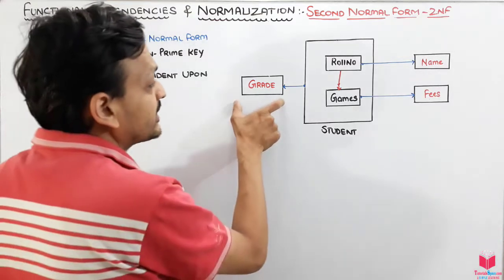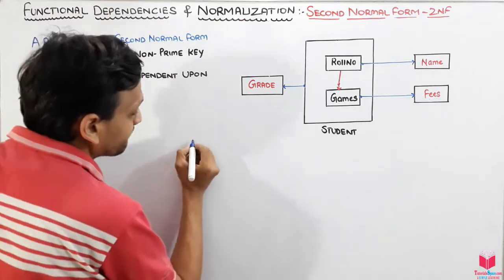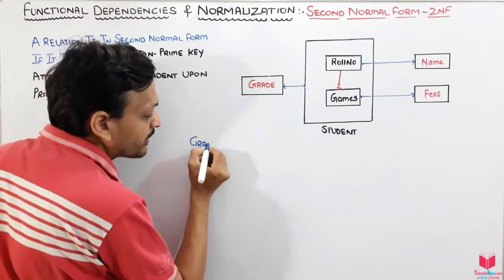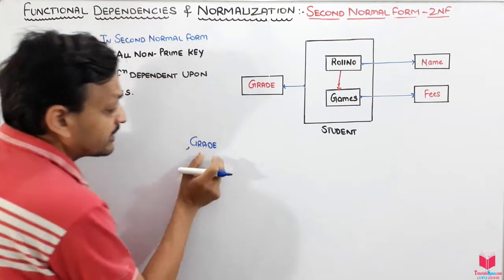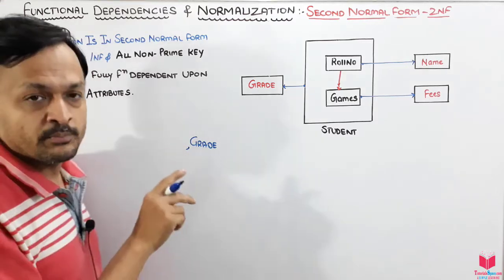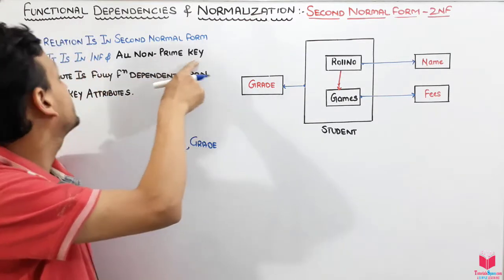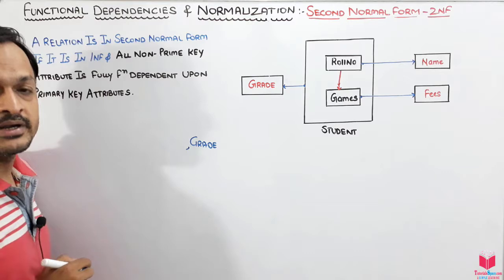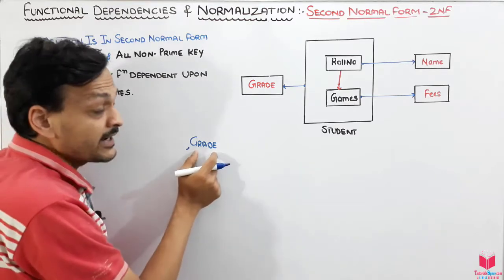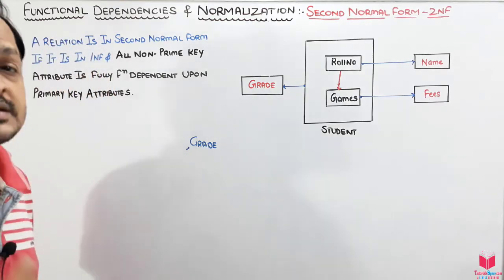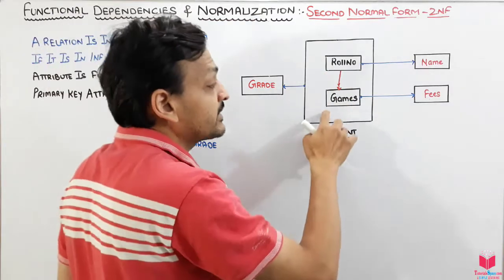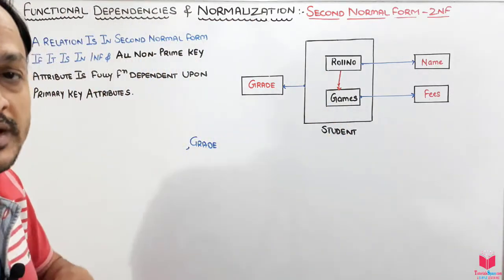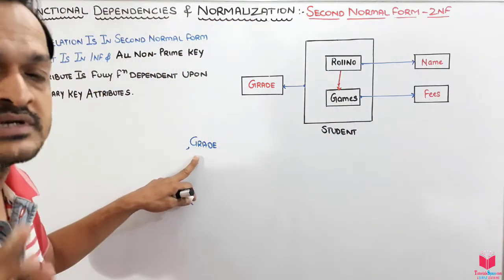First of all, we will take grade. Grade is a non-prime key attribute, and the definition says a non-prime key attribute is fully functionally dependent on all prime keys. Grade is dependent upon which keys? Roll number and games. These are the two keys on which grade is fully functionally dependent.